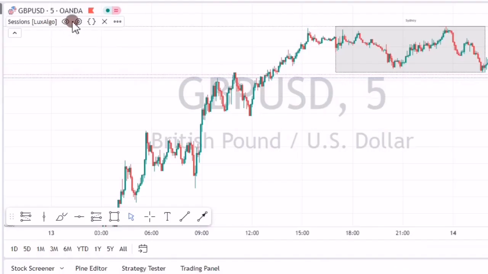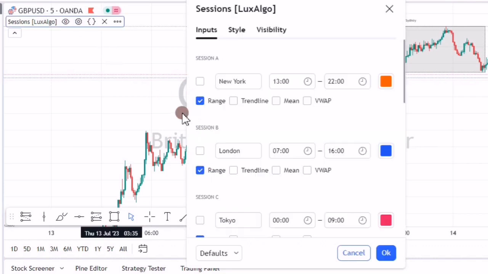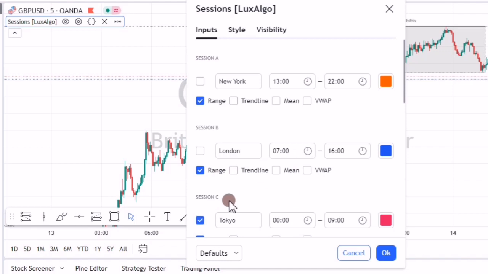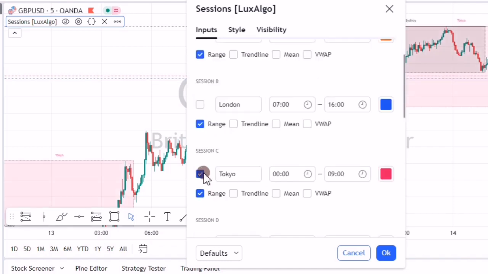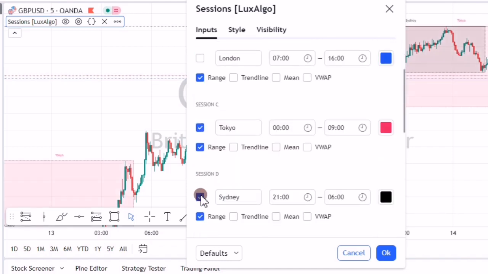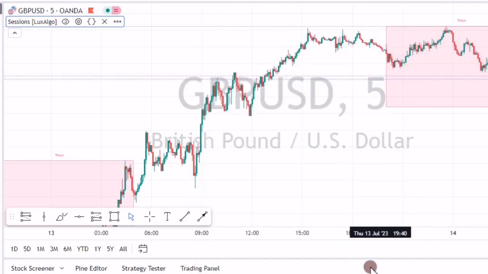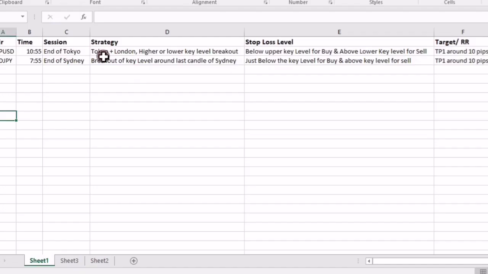This is GBPUSD, and we are supposed to focus on Tokyo. Let us uncheck the session we've been using, Sydney. Now I have to go and check for the strategy. Tokyo plus London, higher or lower key level breakout.